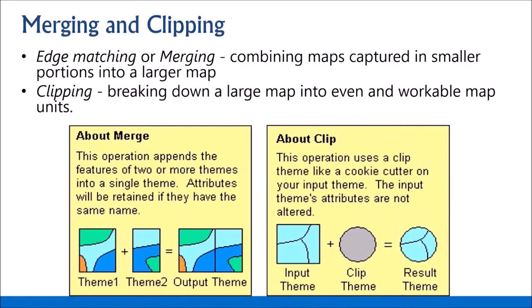Also merging and clipping. So edge matching or merging. These are just combining maps captured in smaller portions into a larger map, as shown here on your left image. Then clipping or breaking down a large map into even and smaller map units, as shown here on your right.